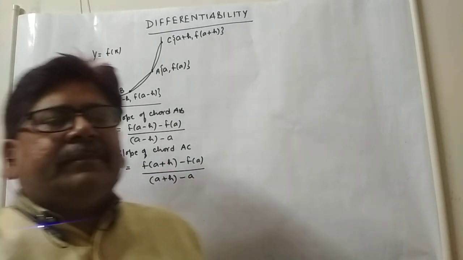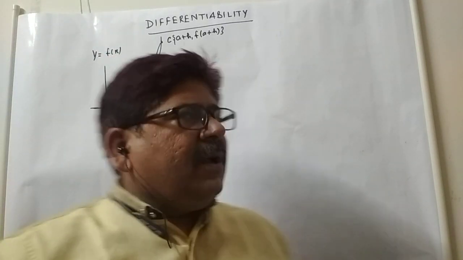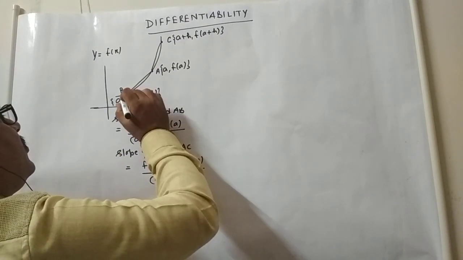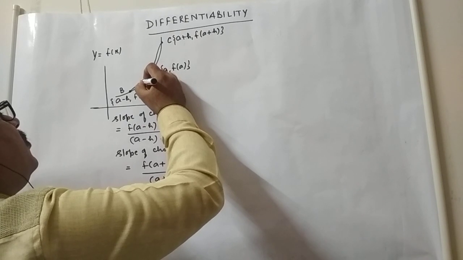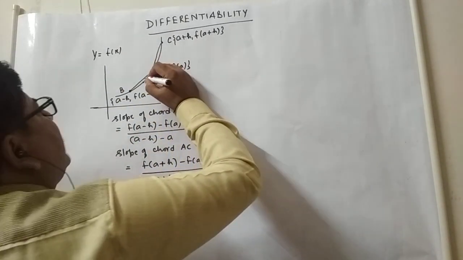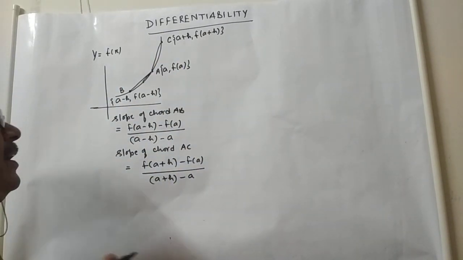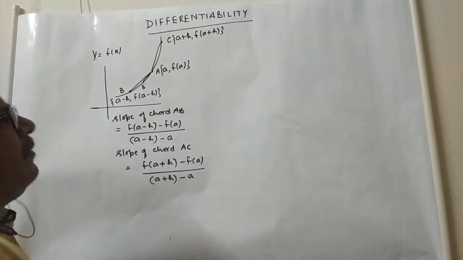Now, AB and AC are two chords of the curve. Now, consider that if we shift the point B towards A. Suppose we bring point B here and then join points A and B. AB chord will be represented here now.